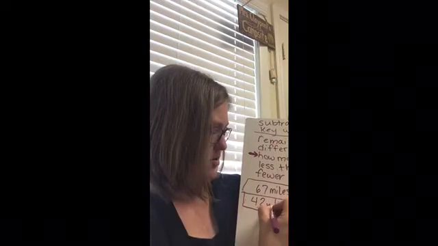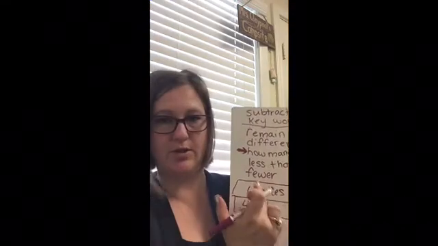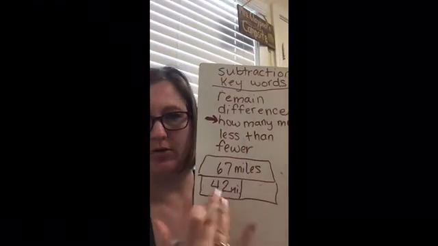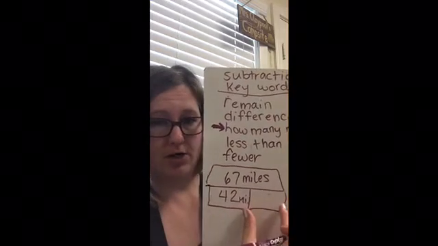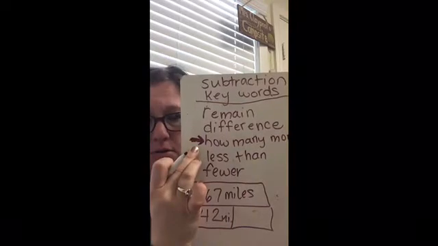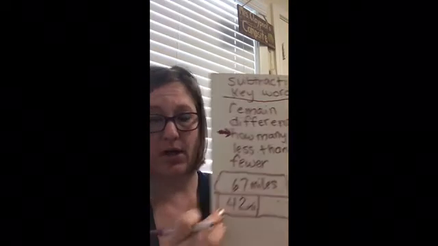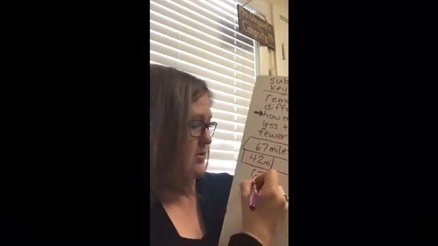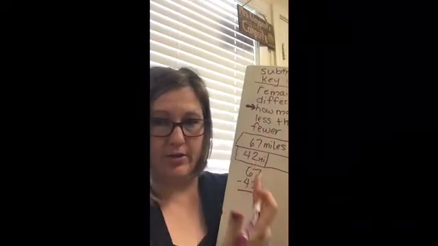So what's the difference between the 67 miles that the one car drove and the 42 miles that the other car drove? That could be a subtraction problem to find out how many more miles car A drove than car B. We would set that up 67, and remember this is called a standard algorithm when you set it up vertically, up and down.